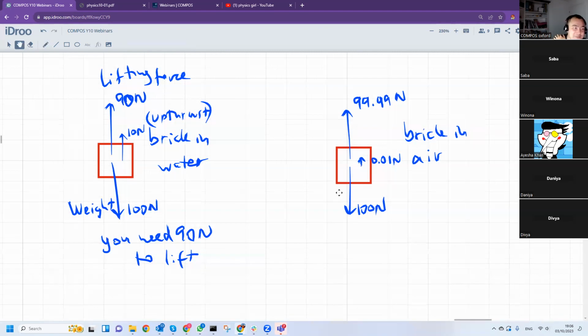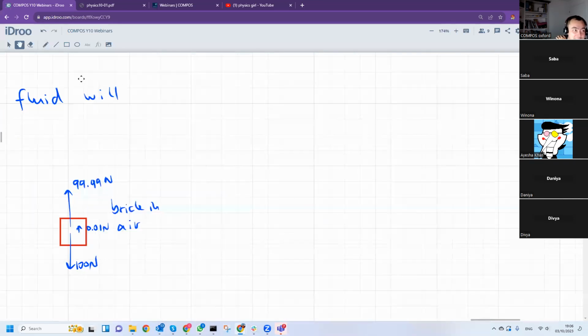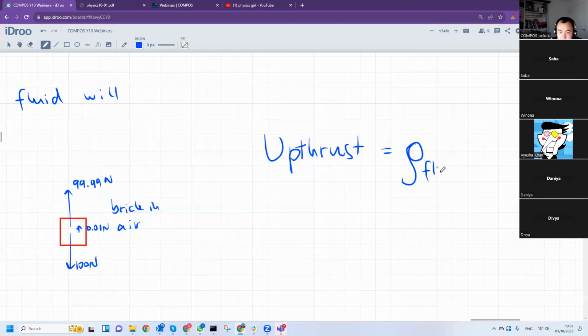And the upthrust force that helps you lift is the density of the fluid multiplied by the volume of the object multiplied by the gravity.